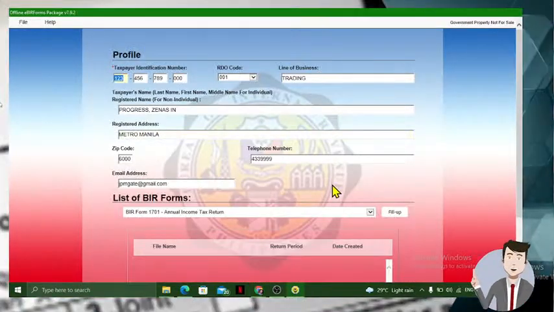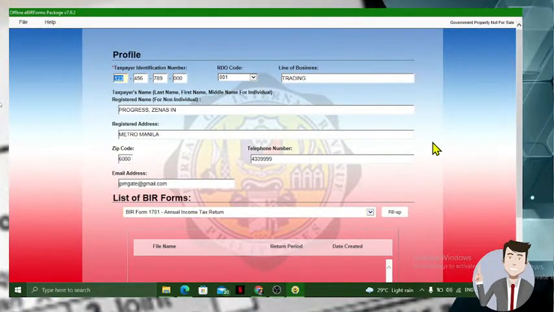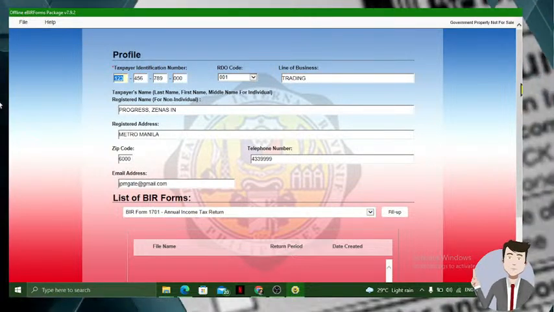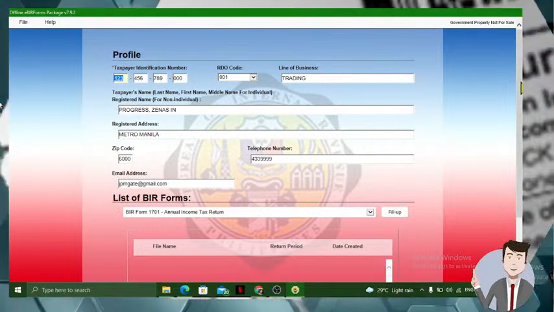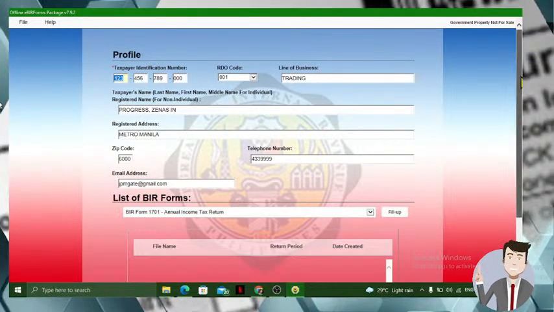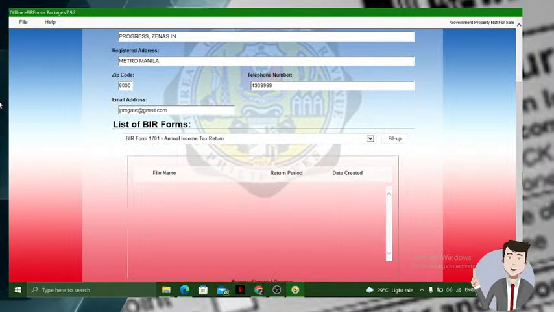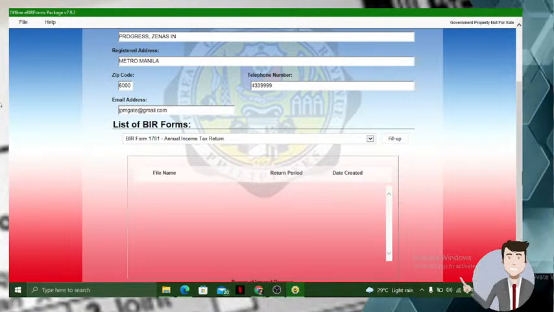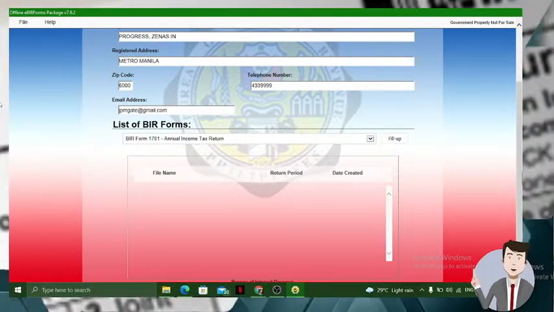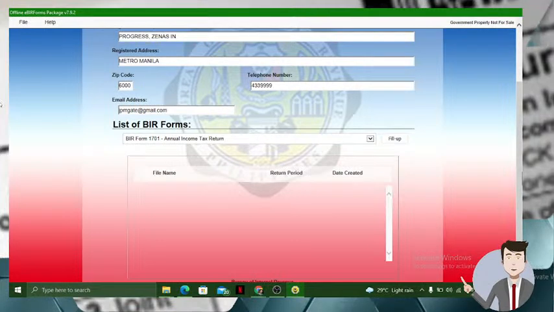So after accomplishing your BIR Form 1701, the eBIR Forms package version 7.9.2 will allow you to create a soft copy of your BIR return, and that soft copy will be sent to the website of the Bureau of Internal Revenue.